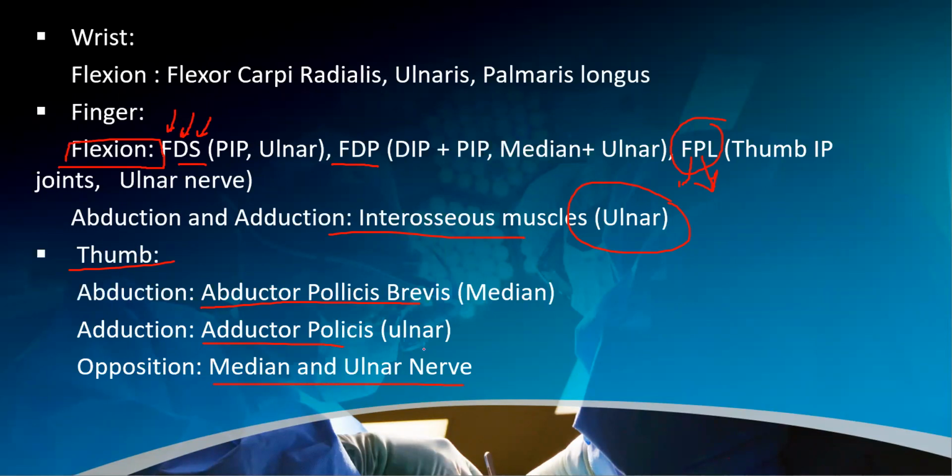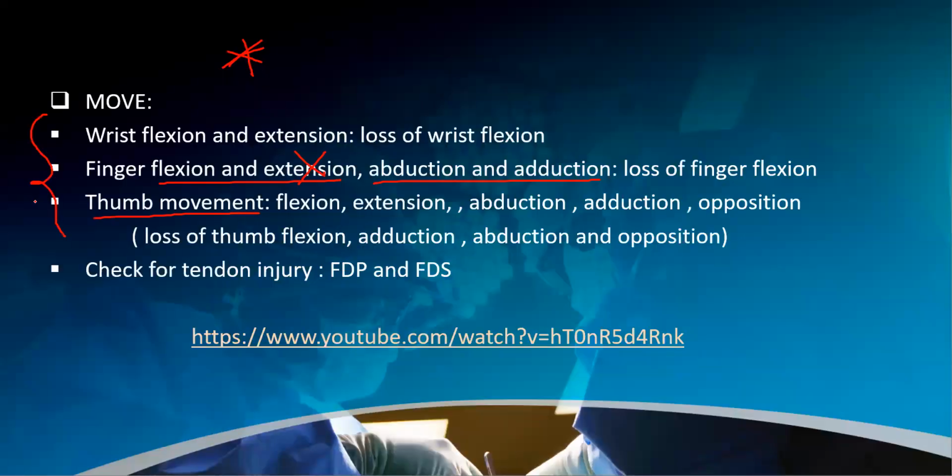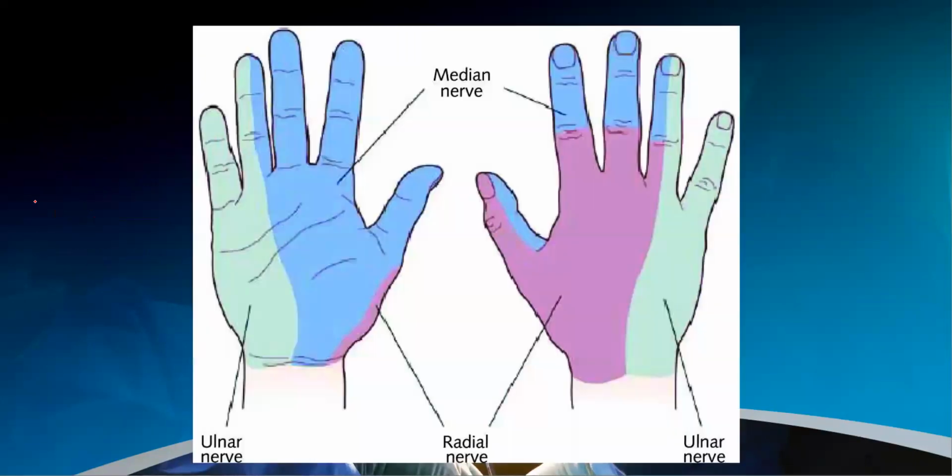So it's a good idea to show the nerve sensation to the medical student first. You can start that way. First thing that we are going to do is check the movement. In the movement of the hand, we are looking for any tendon injury and any nerve injury. Let me just show you the nerve sensation of the hand. The palmar aspect is supplied by the median and ulnar nerve.